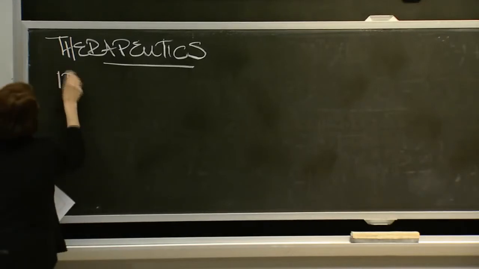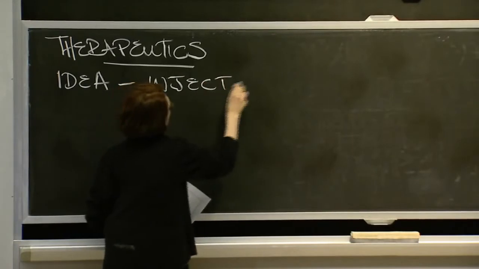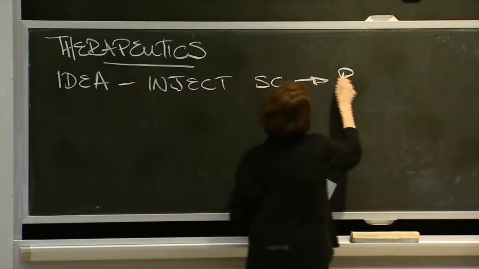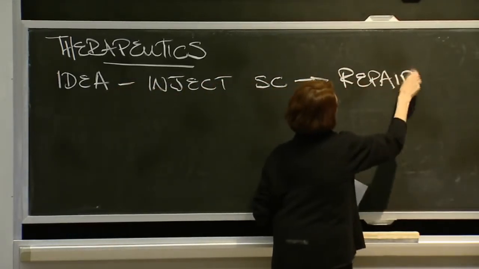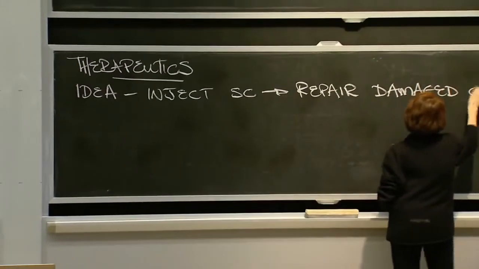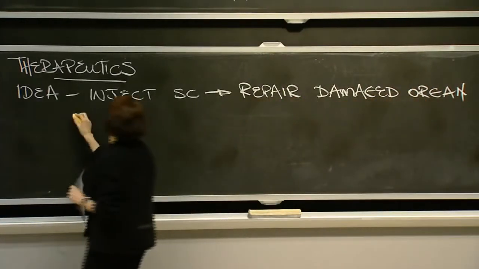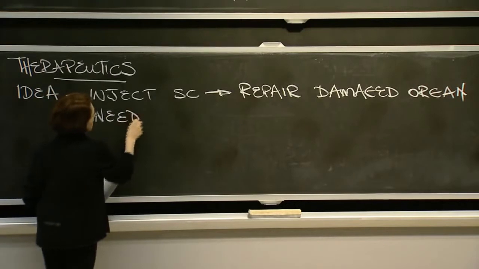So the idea is that you inject stem cells to repair a damaged organ. You need stem cells of the correct potency.